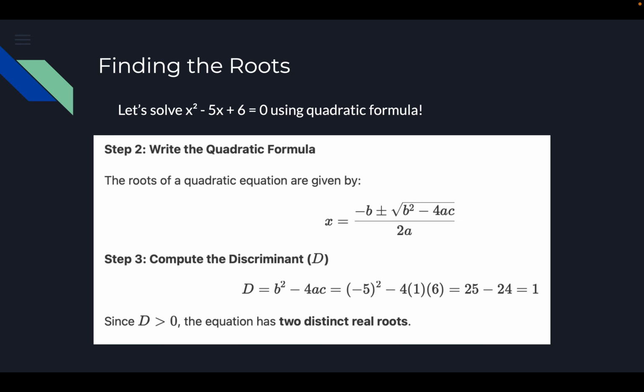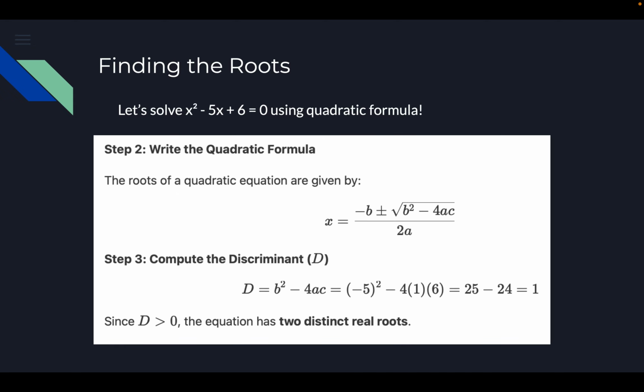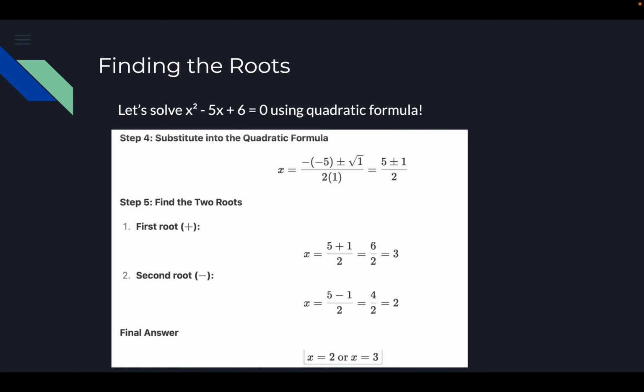Now we substitute these into the quadratic formula. x = -b ± √D over 2a, where b is -5, so -b is 5. D is b² - 4ac, and we got D as 1 in the previous step, so we substitute it in the square root.